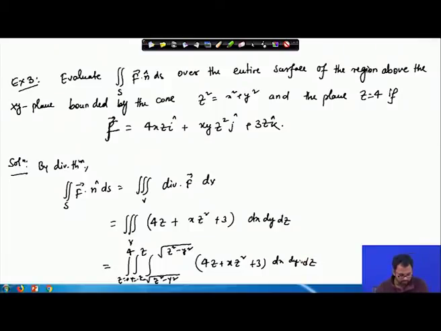And now, instead of calculating for this whole integral, I can calculate in the upper half.